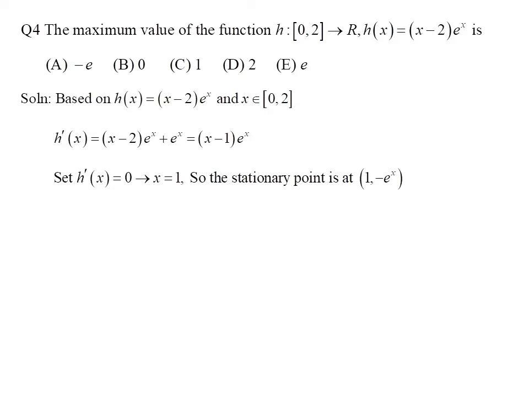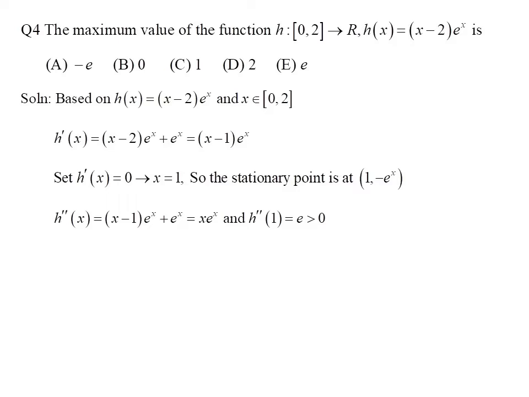After setting h prime of x equals 0, we find the stationary point of h of x is at 1, negative e to the x. In order to find the nature of this stationary point, we evaluate the second derivative of h of x at this stationary point.